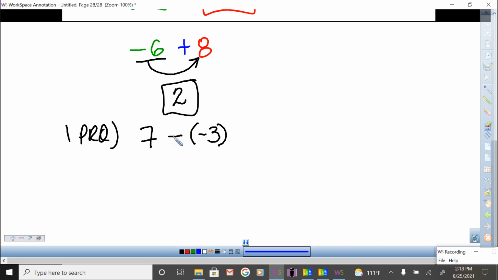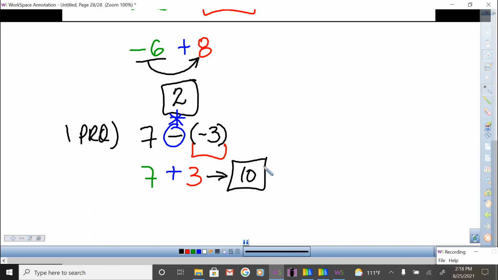Once again, check for addition, but we don't have addition, we have subtraction. 7 stays the same. This changes to addition, and the opposite of -3 is 3. And what is 7 plus 3? That is 10. Hands if you got that. You got this, yes? All right.